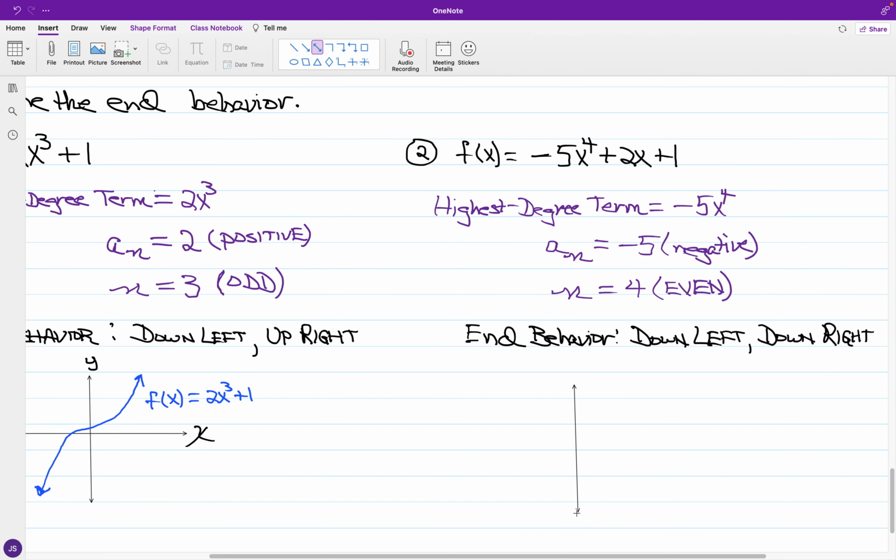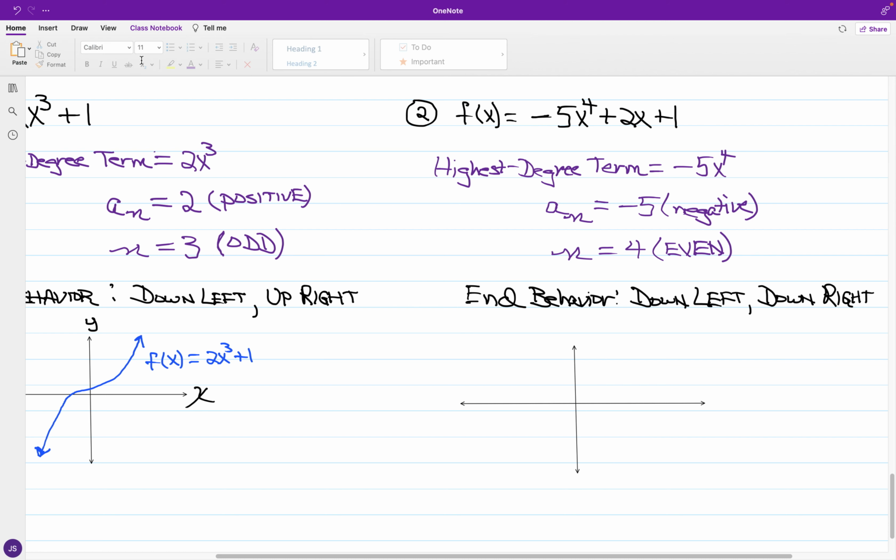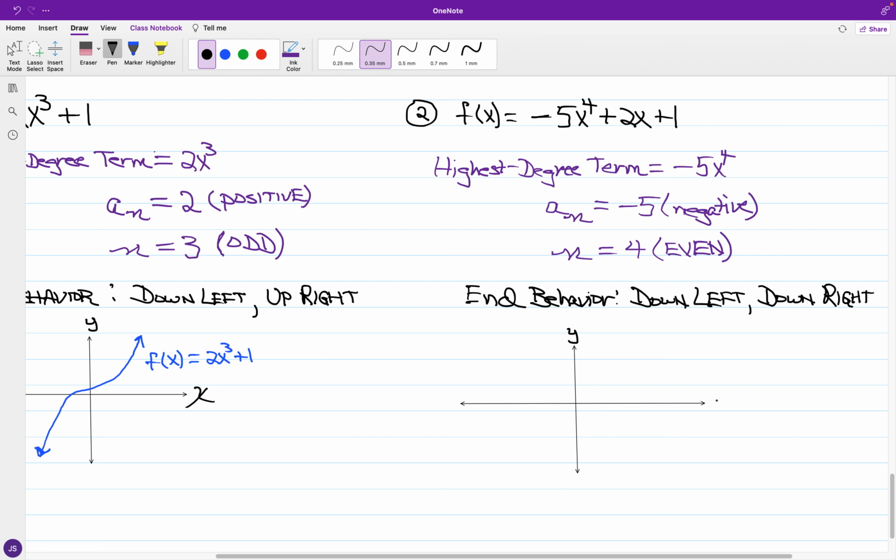Again, just another rough sketch. And for this polynomial, once again we have the same vertical motion at both ends.